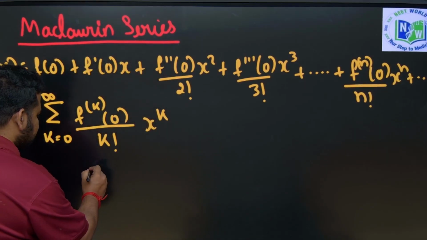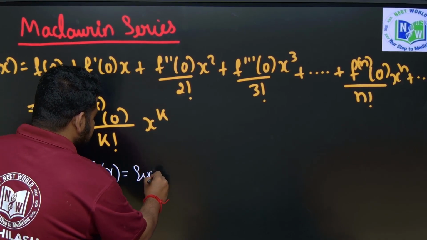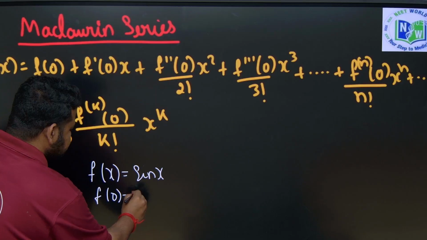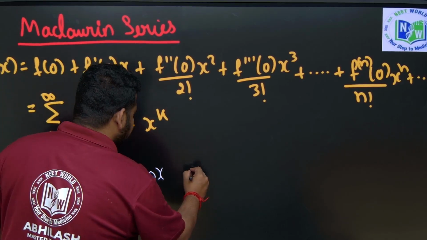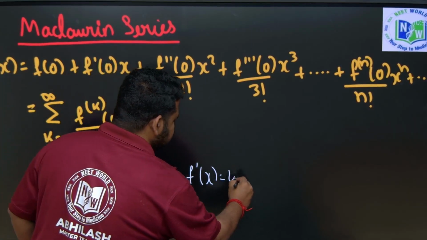Let us see. Suppose f of x is given by sin x. So what is f of 0? f of 0 will be sin 0, that is 0. Suppose I have to find f dash of x. f dash of x is cos x.